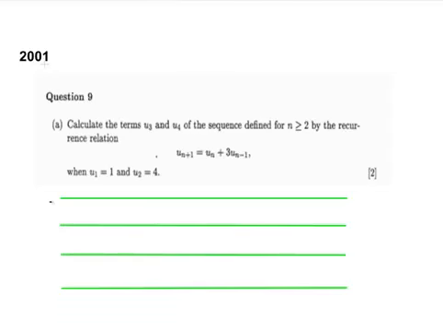Now we'll have n is equal to 1 here, n is equal to 2, n is equal to 3, n is equal to 4. So what we're interested in is u of n plus 1, u of n, and 3 times u of n minus 1. Okay, so we'll set up our grid like that.